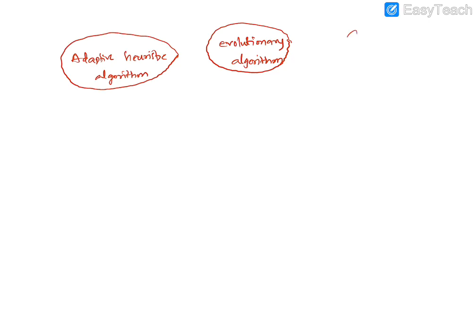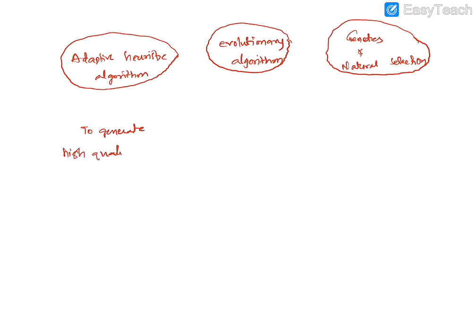And one more thing, it deals with genetics, genes, and natural selection. Here the genes are naturally selected, that is, which ones we need to forward further. And we are going to generate high quality solutions. Why are we going for genetic algorithm?